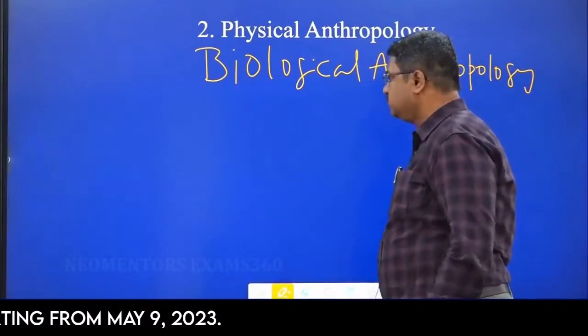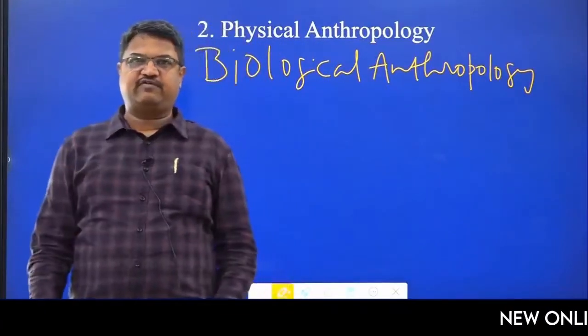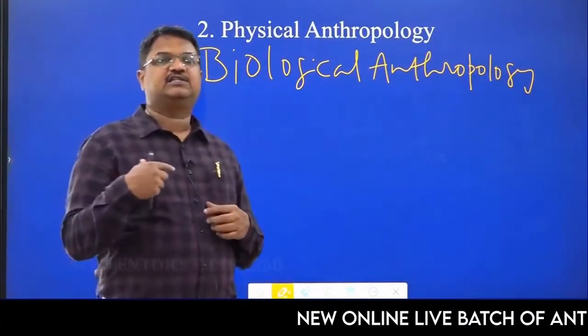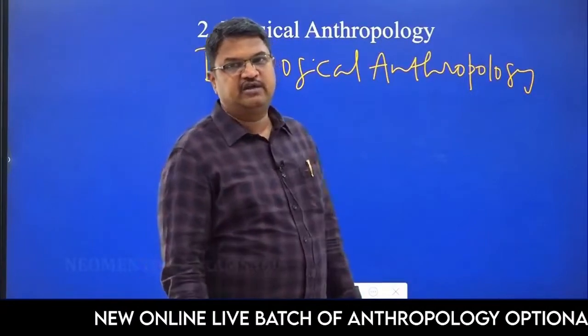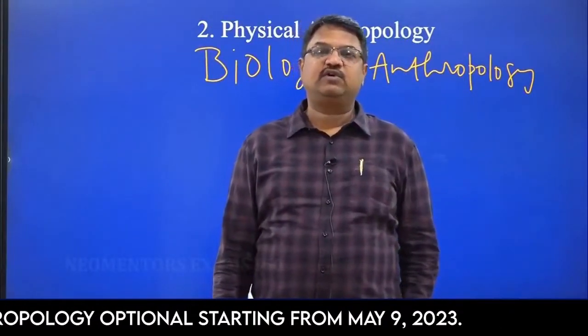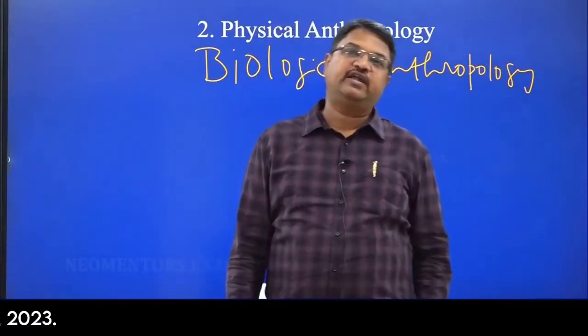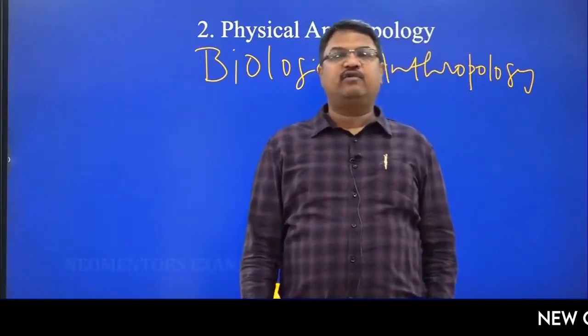Many years ago they used to use physical, because it only talked about physical stuff like measurements of the skulls, body parts, different heights of the people of different races. All these were part and parcel of physical anthropology when it started taking a solid foundation.